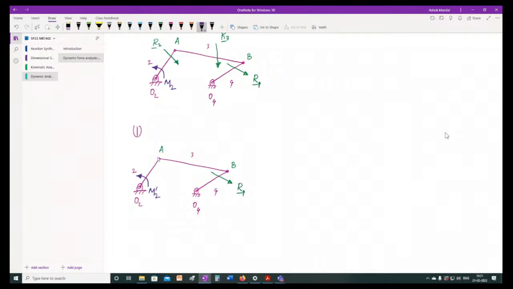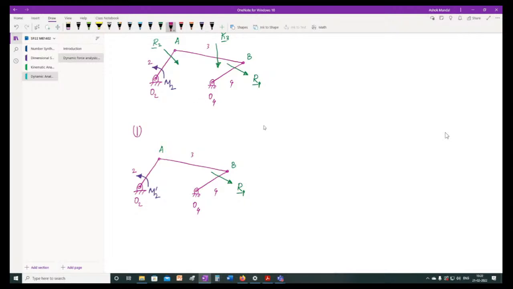You have to draw the free body diagram of this link and find out the joint forces, then consider this link, find out the joint forces, then consider this link, draw the free body diagram and find out this M2. That is the first step.